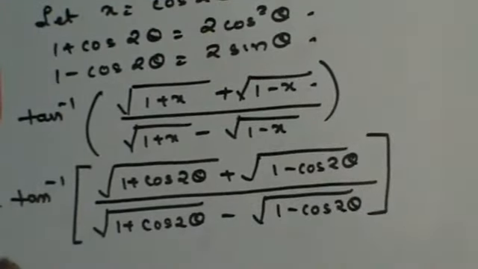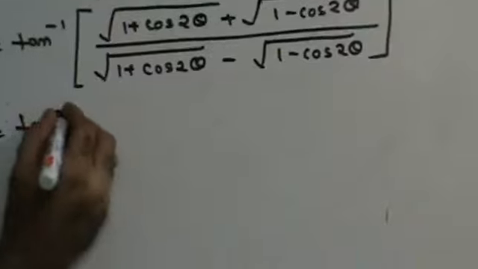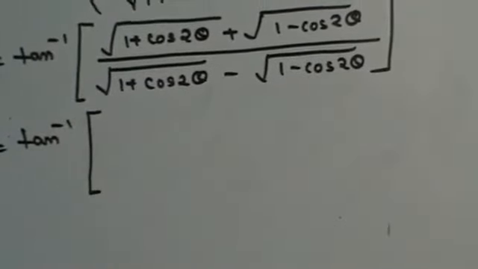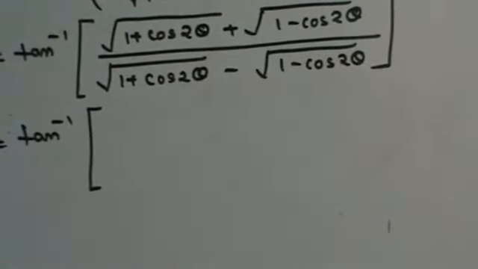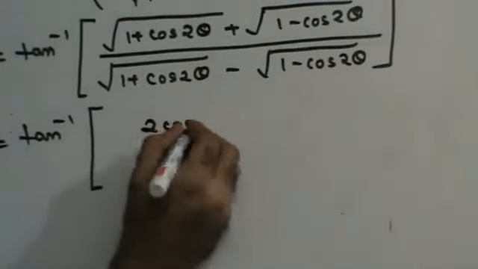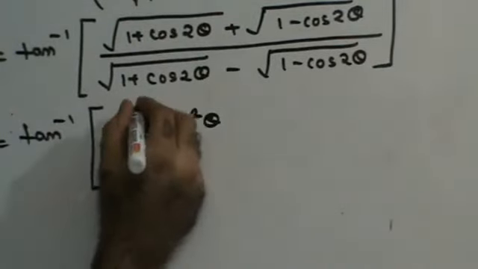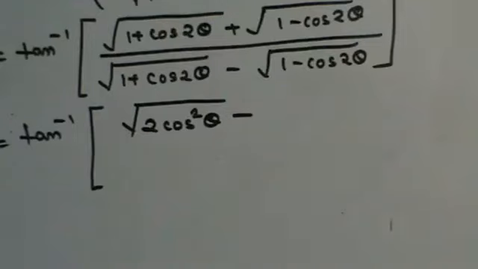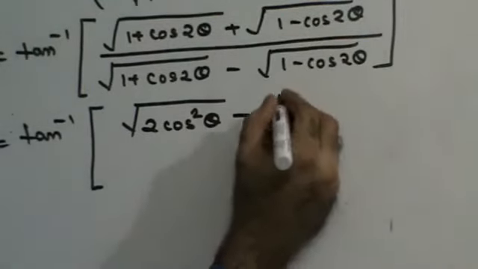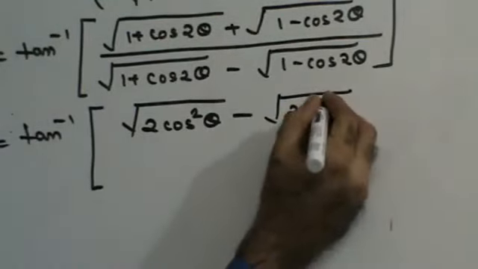I am substituting the value of x. I have already given you the multiple angle formulas that I will be using. 1 plus cos 2 theta is nothing but 2 cos square theta. 1 minus cos 2 theta is nothing but 2 sin square theta.